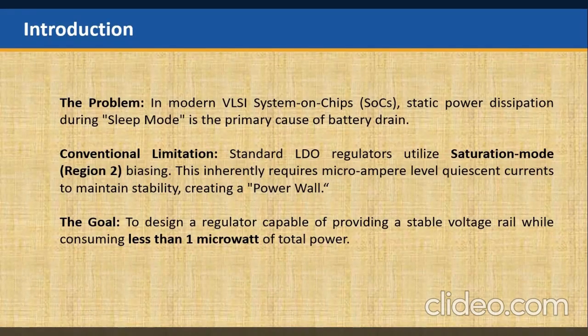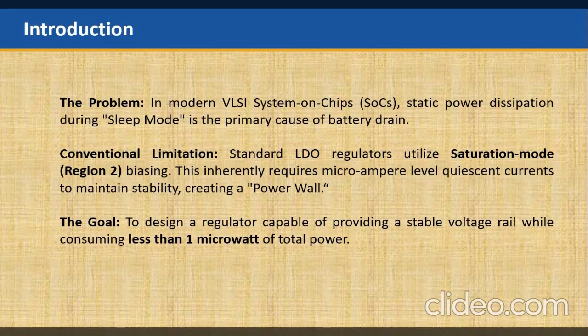So, the problem of the existing LDO is, in modern VLSI, the biggest challenge for system on chip is not just speed, but it's the battery's longevity. As we know, most autonomous devices spend 99% of their time in sleep mode.